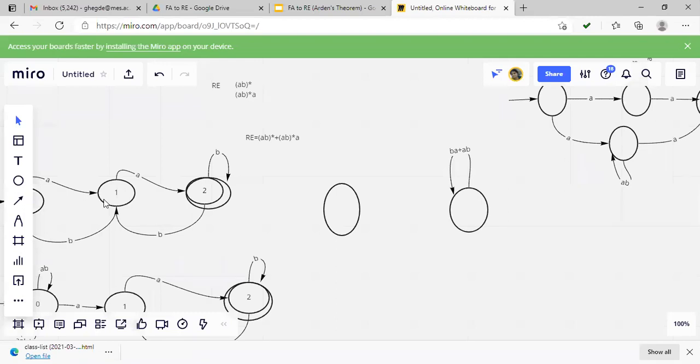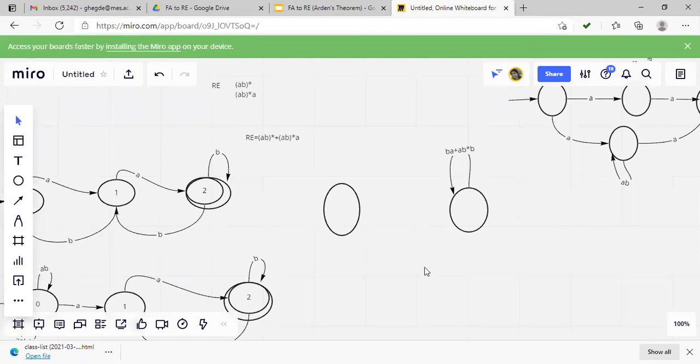If I read this, from 1 to 0 to 1 is BA and 1 to 2 to 1 is AB. Sorry, it is not AB, right? It is A, B star, B. One is BA, another is A, B star, B. Now I have to remove the incoming arrows, right?